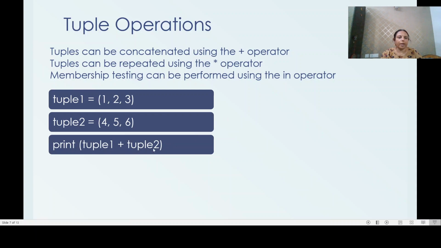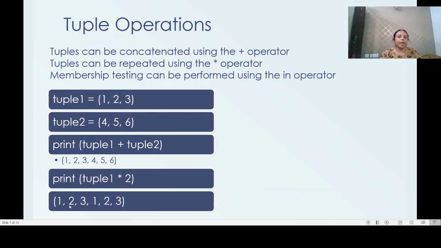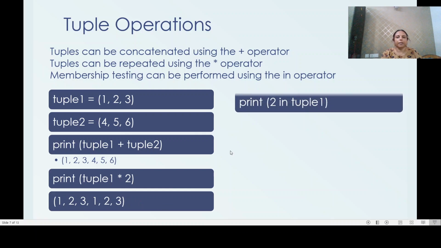See how I have written tuple 1 plus tuple 2. It will give me a combination of these two tuples. This is possible. And you can use the star operator for repetition. Tuple 1 star 2 means the elements in tuple 1 will be duplicated. So we will get 1, 2, 3, 1, 2, 3 as a single tuple.